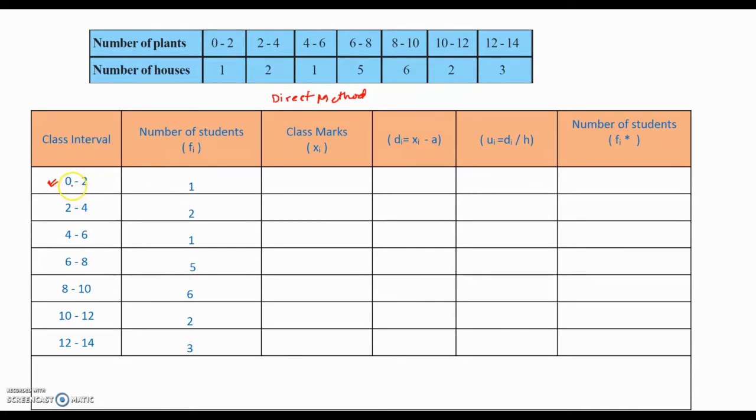What is the midpoint? 0 and 2, the midpoint is 1 clearly, right? So you can write 1 here. Okay, or you can find out the average. 0 plus 2 divided by 2, which is 1. Okay, 2 plus 4 is 6 divided by 2, which is 3. But here you clearly see that between 2 and 4 the middle point is 3, so middle point is the class marks.